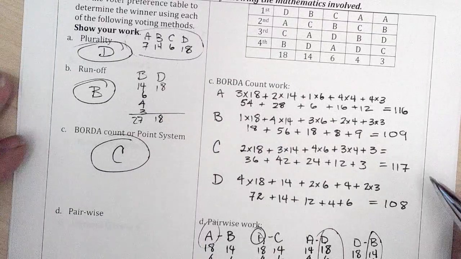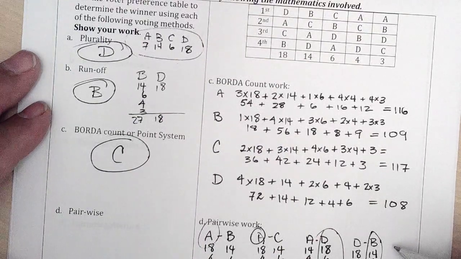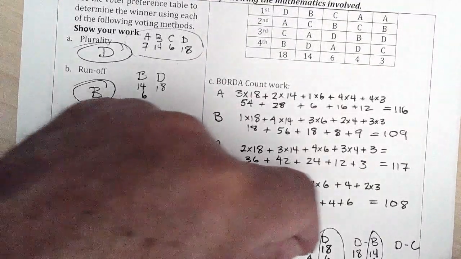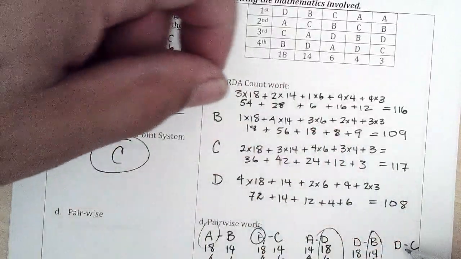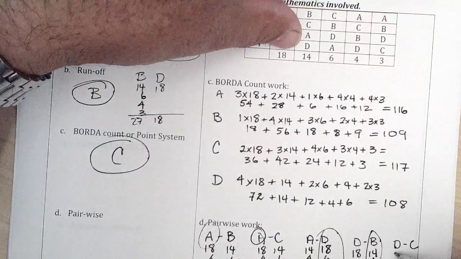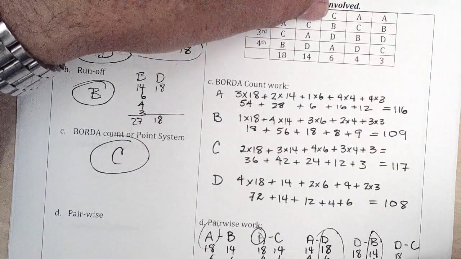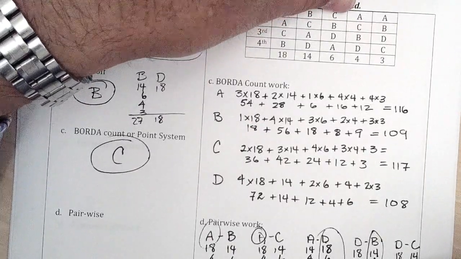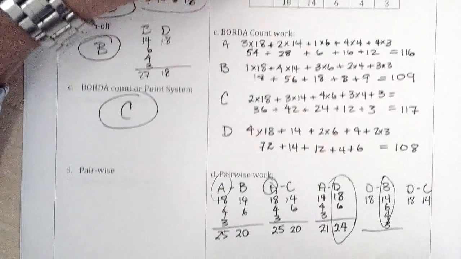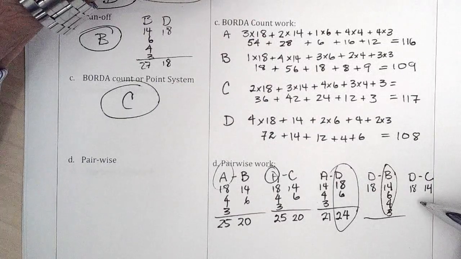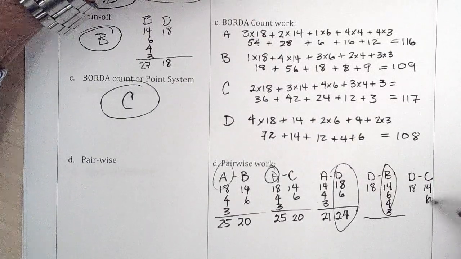Let's go one more time here. D with C, because A wins 2, D wins 1, B wins 1. Let's see what D does here with C. D gets 18. C gets 14. C beats D, so that's 6.